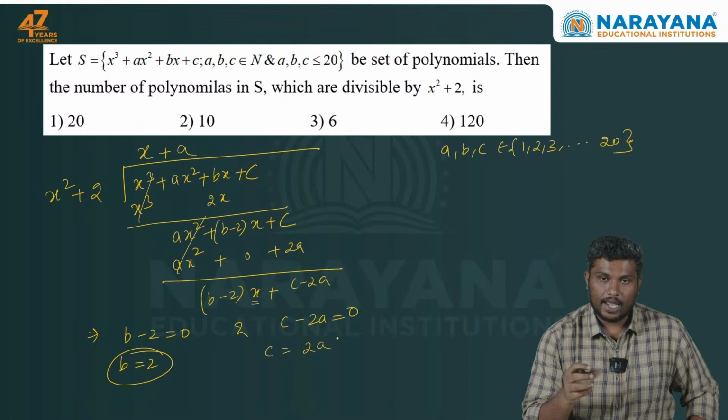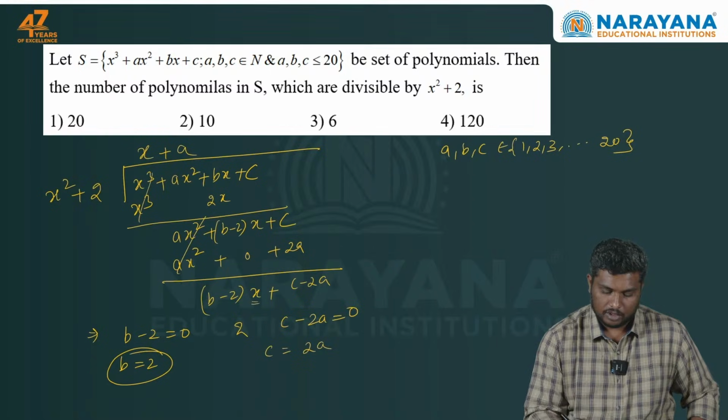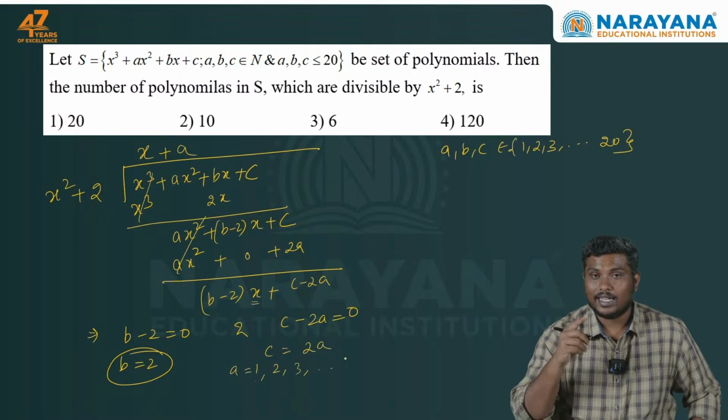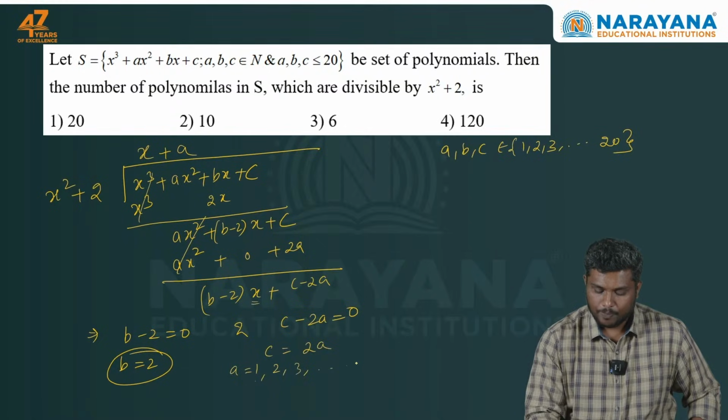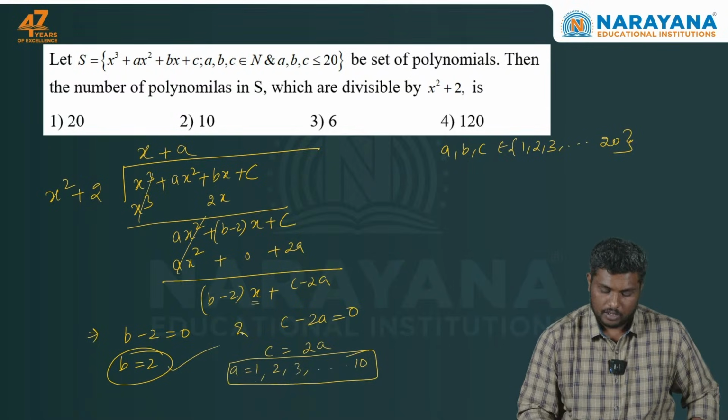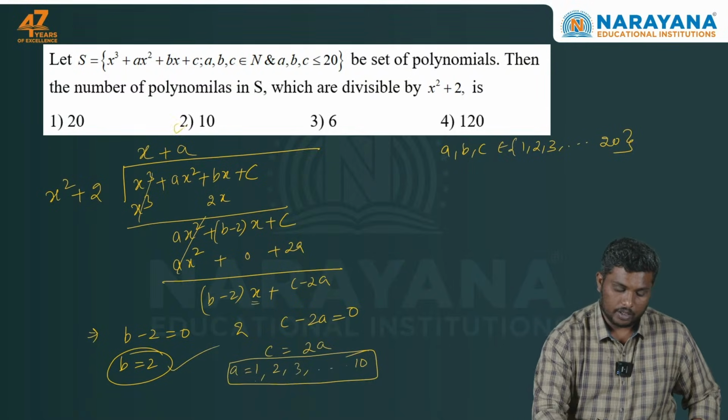Now guys, c and a are dependent on each other. So you fix values of a, then c values get fixed. So put a is equal to 1, 2, 3, so on till c takes its maximum value which is 20. So it should stop at 10. So the moment you fix a, c value is also fixed and b value is anyway fixed. So we have 10 such polynomials.